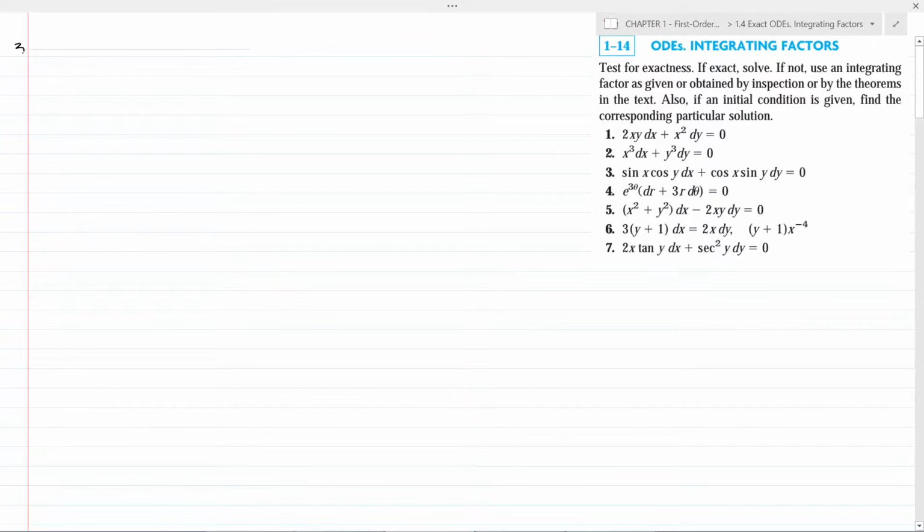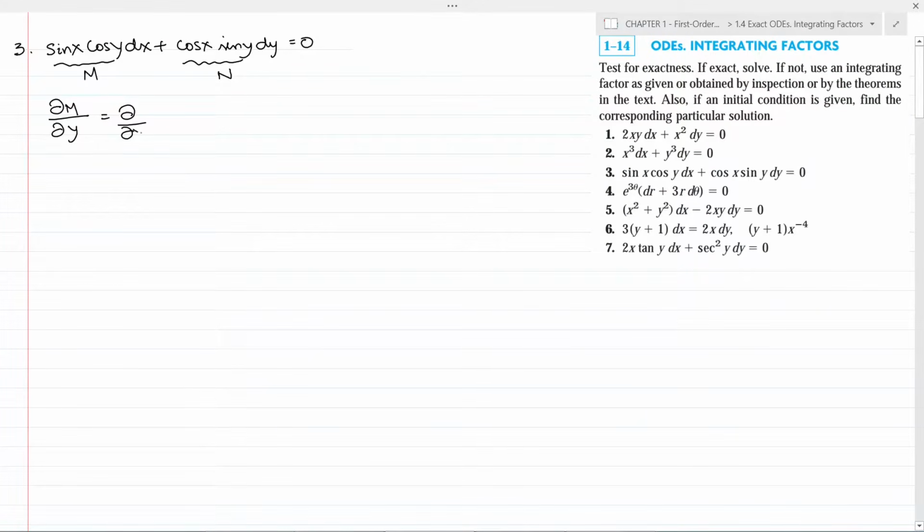Question 3. Sin x cos y dx plus cos x sin y dy equal to 0. This is M and this is N. We will calculate del M by del y, which is equal to del by del y of sin x cos y.